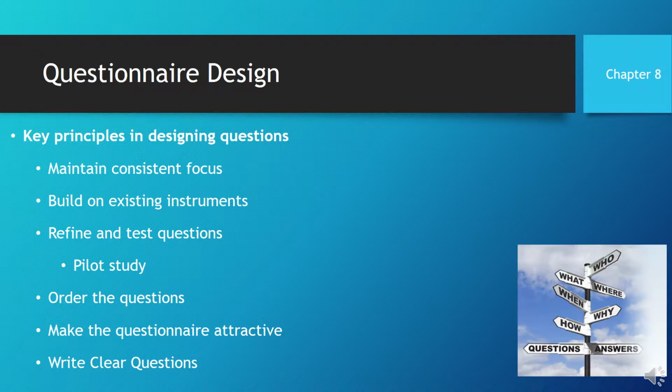Questionnaire design. A few key principles to remember when designing questions are: maintain consistent focus, build on existing instruments, refine and test questions. This is done by conducting a pilot study. Order the questions, make the questions attractive, and write clear questions.